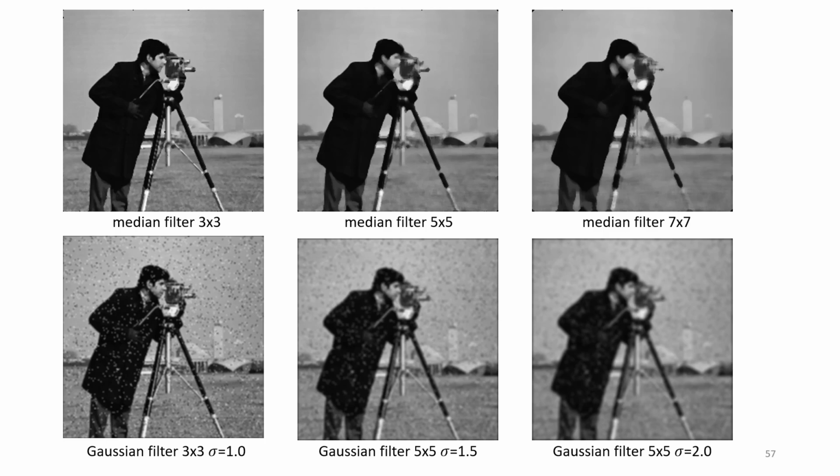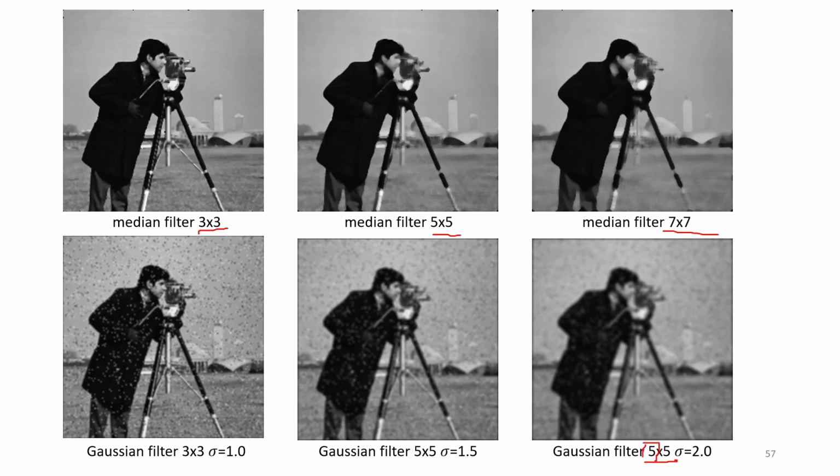So suppose say 3 by 3 or 5 by 5 or 7 by 7. Of course, when you enlarge the region, you will generate more blurred results. It's the same for the Gaussian. If I also set a 5 by 5, oh sorry, this is a typo. This is 7 by 7.